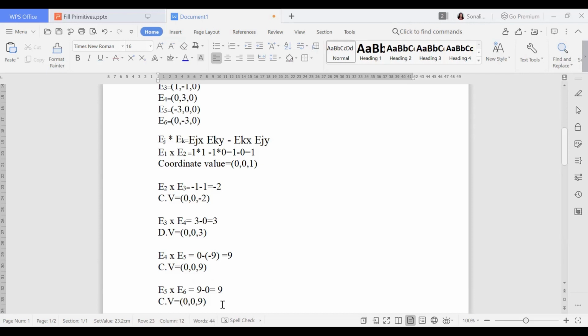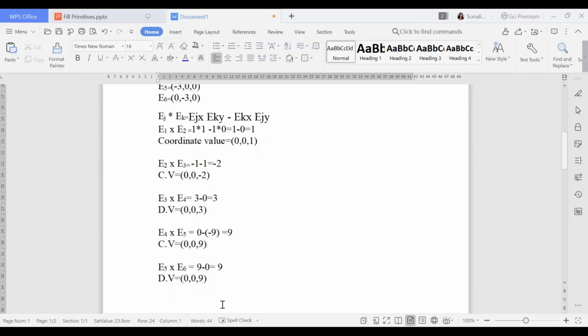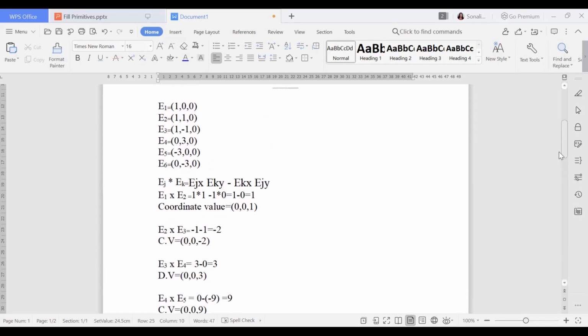Okay. The last one we are going to do is E6 into E1. So I'll just give you the equal sign. So E6 into E1. Now, in the sense, you can see the values. I'll just write them down here again so that it will be easy for me to calculate.